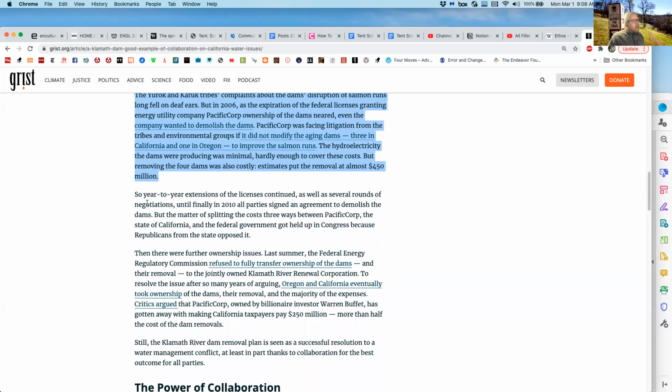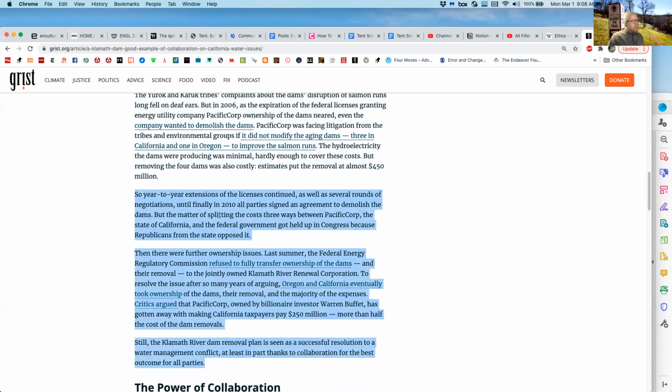So what we get toward the end of this section, of course, is not just their knowledge, but a beginning emphasis on the argument that they're going to start to make here. An agreement to demolish the dams, ownership issues, the removal plan.